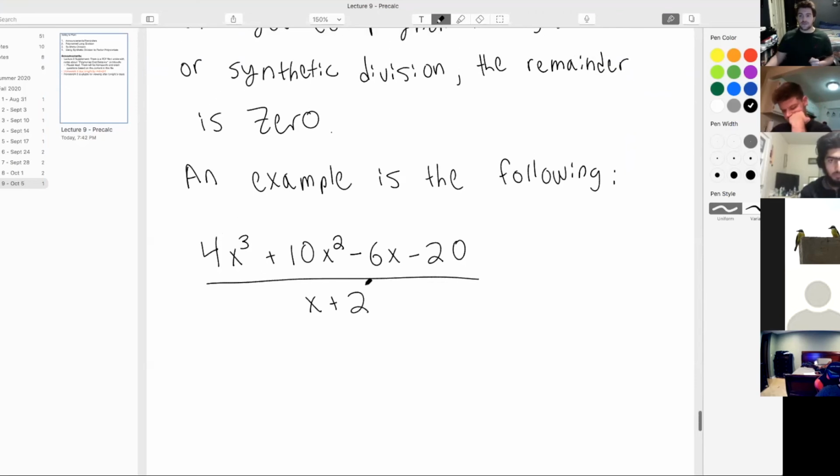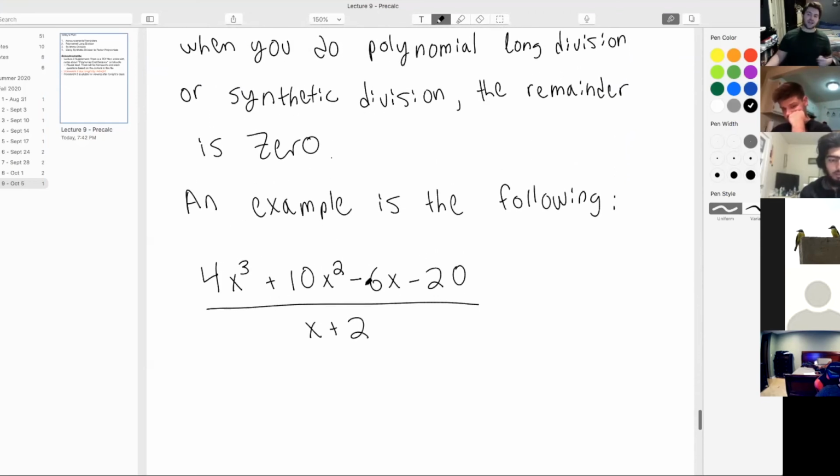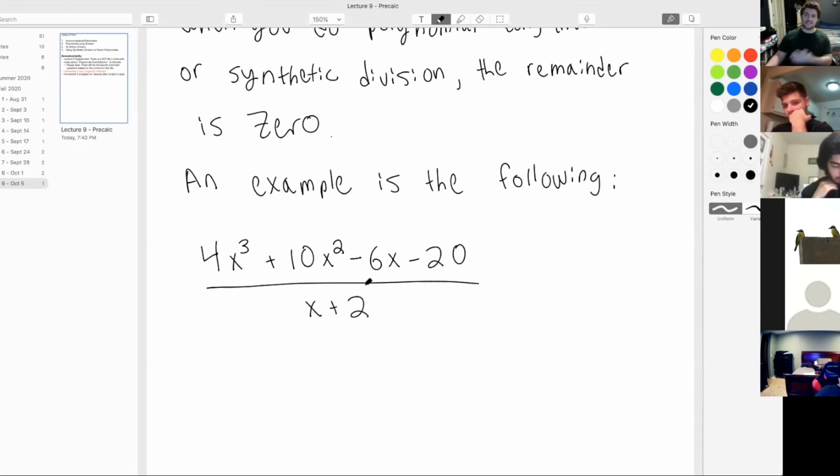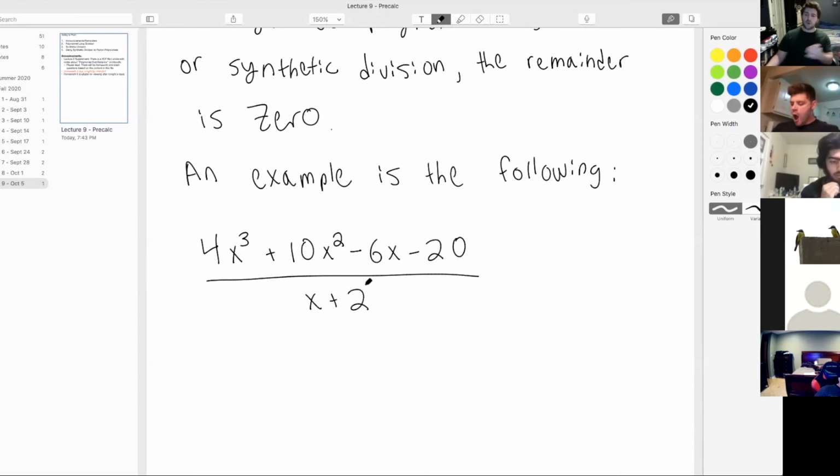First of all, I would like to check that the remainder is in fact 0. So I can do polynomial long division or synthetic division. Question to you guys, should I do polynomial long division or should I do synthetic division? Would someone like to tell me?